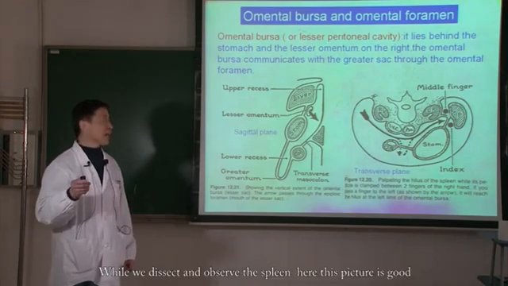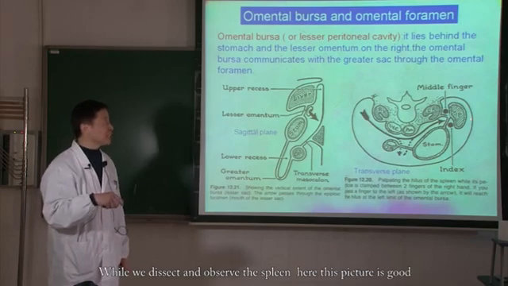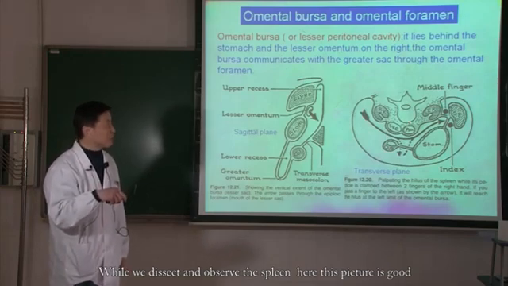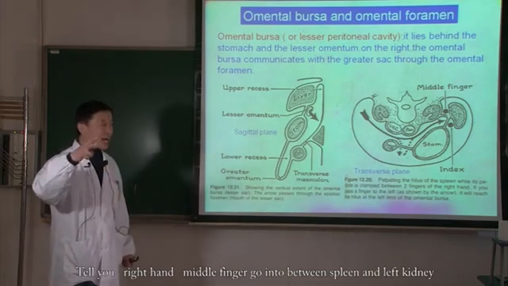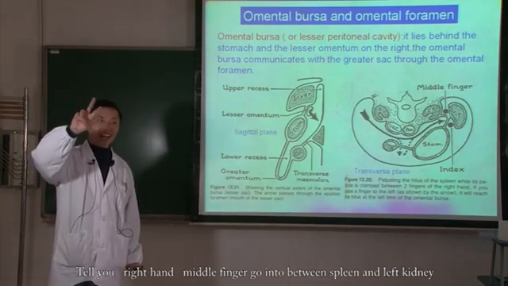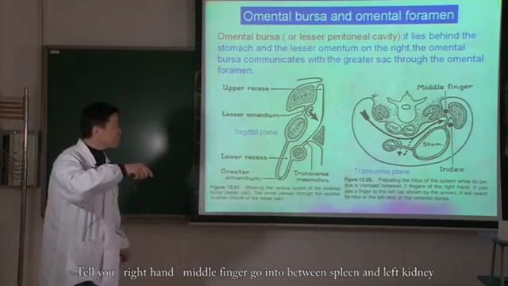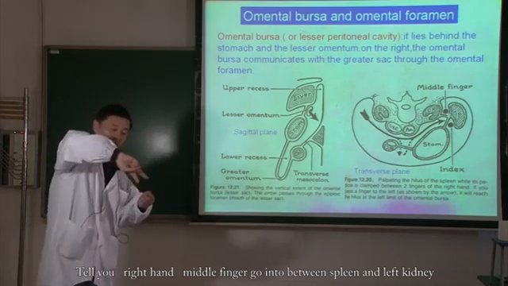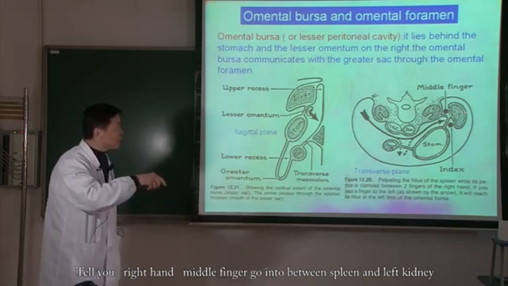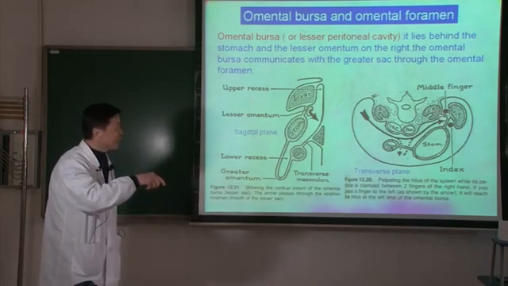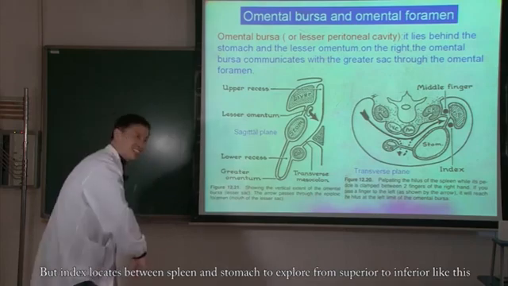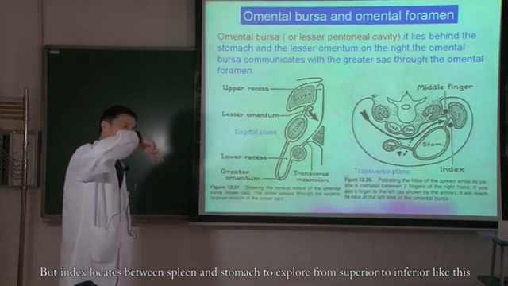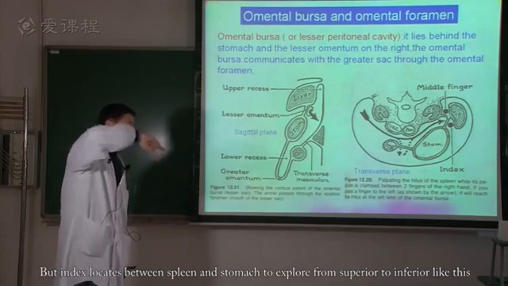Well, we dissect and observe the spleen. This picture is good. It tells you to use your right hand middle finger. Here, middle finger goes in between the spleen and the left kidney, but the index finger is located between the spleen and the stomach, to explore from superior to inferior, like this.